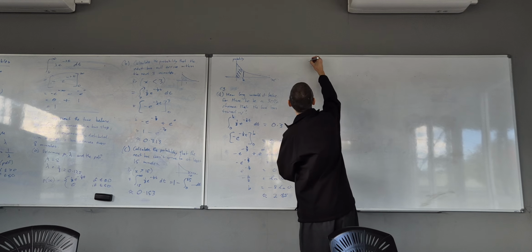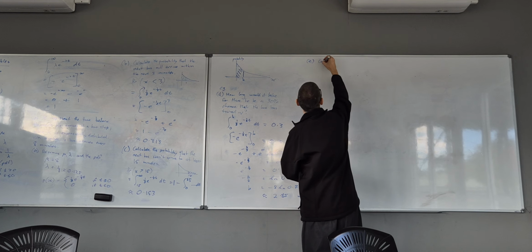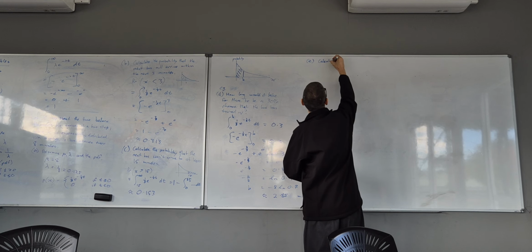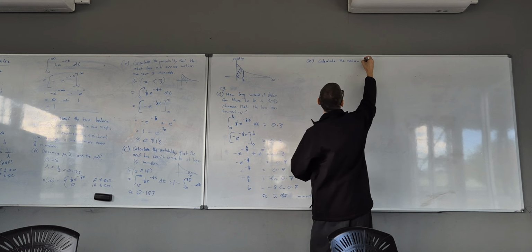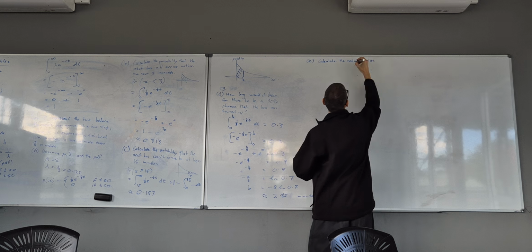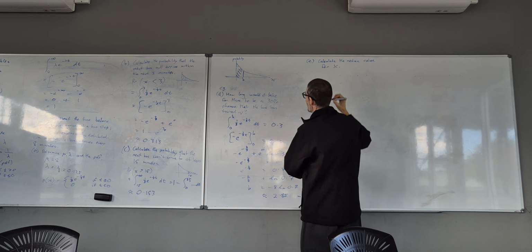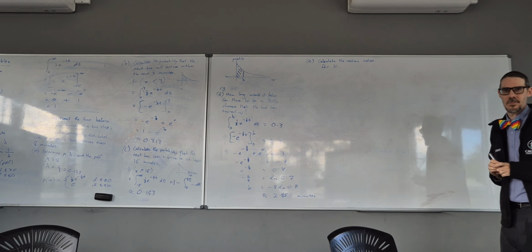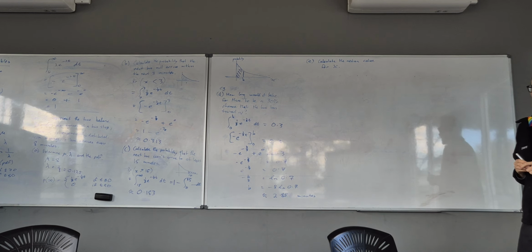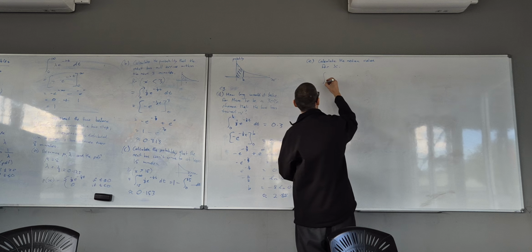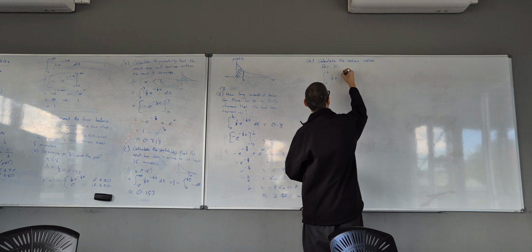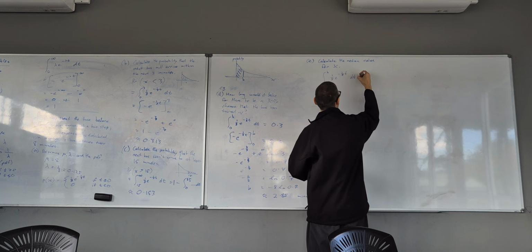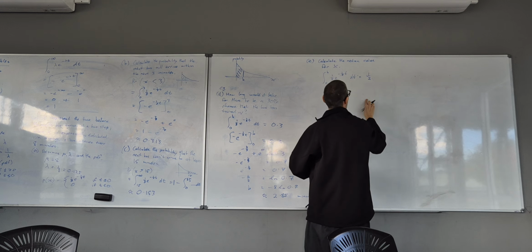So let's try. Calculate the median value for this random variable, which is to say the 50th percentile, which is to say integral from 0 to b of 1/8 e to the negative 1/8 t, t has to be a half.